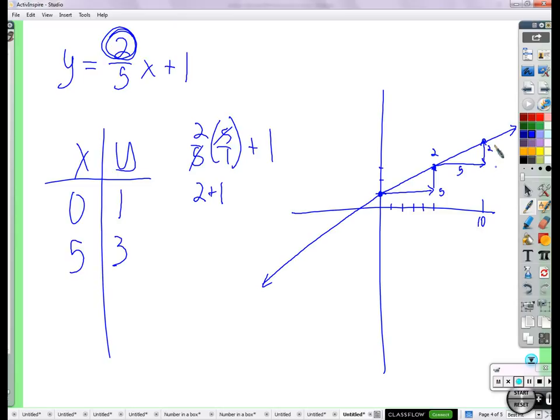Right 5, up 2 again, I'll be at another point, and so on and so on. Because every time I plug in a multiple of 5, that 5 cancels the factor of 5 in there, and I'm just left with 2 or 3 or 4 or 5 or 6. So you can figure this out with even 1 point.